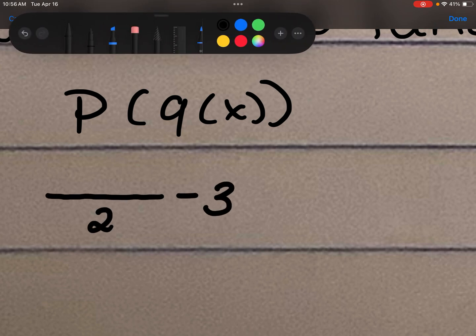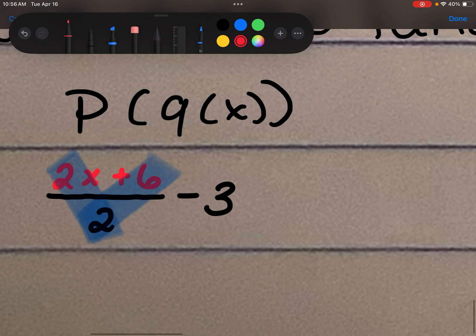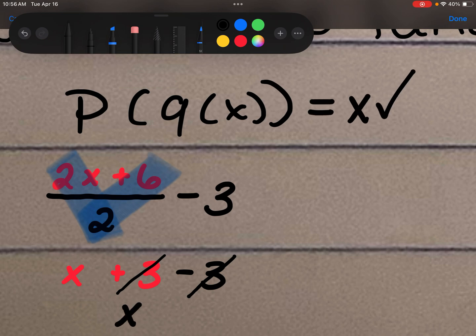And instead of the x, we're going to replace it with the q function, which is 2x plus 6. We're going to simplify 2x divided by 2 and 6 divided by 2. We get x plus 3. Bring down that minus 3. The 3's cancel, and we get x. So this p of q of x equals x.